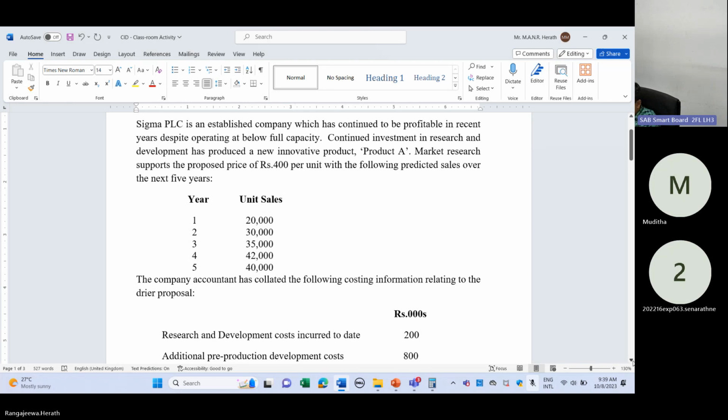Sigma PLC is an established company that has continued to be profitable in recent years despite operating below full capacity.